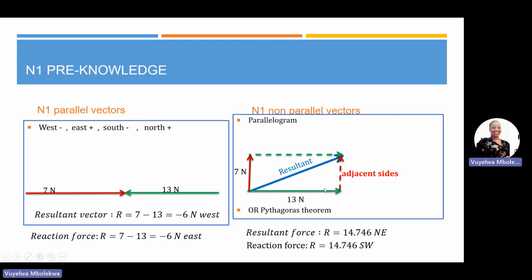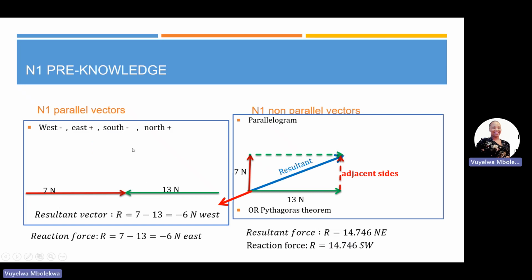Because it's a right angle triangle, you could use Pythagoras theorem to determine that resultant, because the red force here is 7 newtons and this green force here is 13 newtons. So you could use Pythagoras to say the square root of 7 squared plus 13 squared, and it gives you the answer; that 14.746 was obtained by using the Pythagoras theorem.